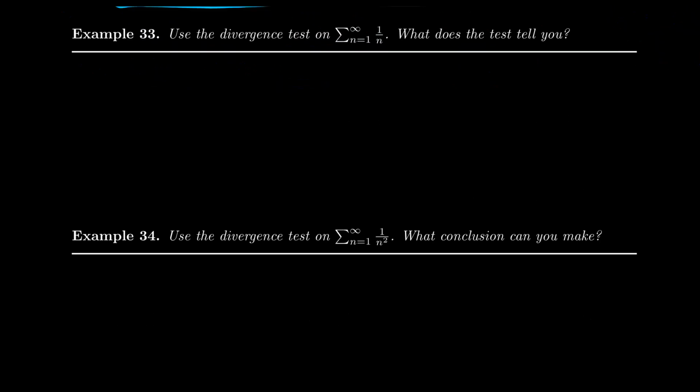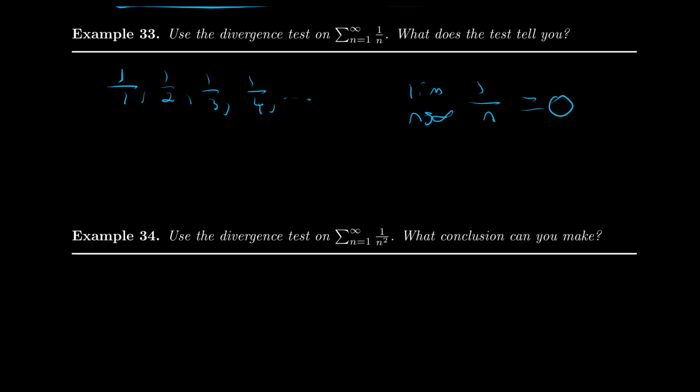So what does this tell you here? Remember, we're looking at these terms: 1 over 1, 1 over 2, 1 over 3, 1 over 4, and so on and so forth. The limit as n goes to infinity of 1 over n, we know that to be 0.